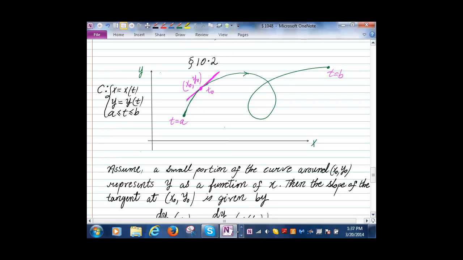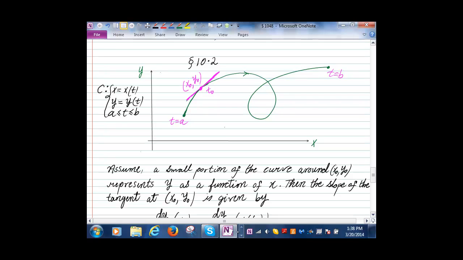And if you think about it, at any point, what's the direction of movement? Or what should be the direction of velocity at any point? Anyone knows what should be the direction of velocity at any given point on the path? Well, it should be tangential to the curve, right?